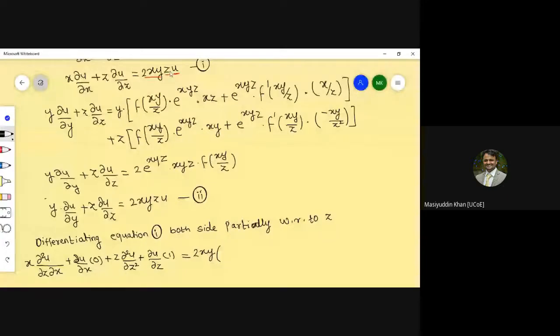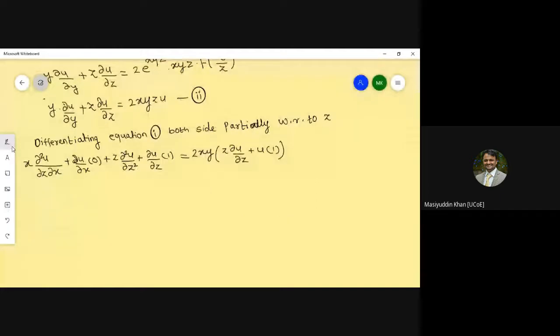So z into ∂u/∂z plus u as it is, and the derivative of z becomes 1. This is the derivative we perform here; I'm just writing it in a proper format. So x into ∂²u/∂x∂z into ∂x, plus this part is 0.